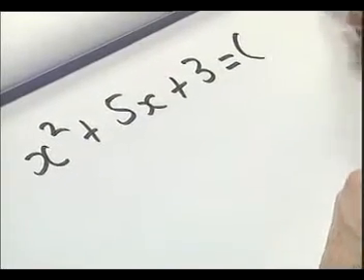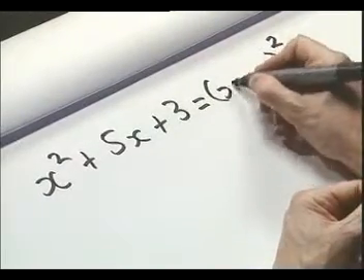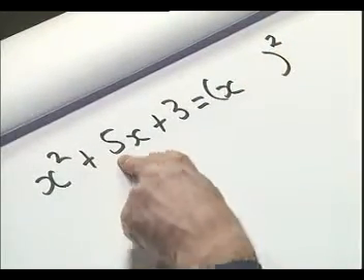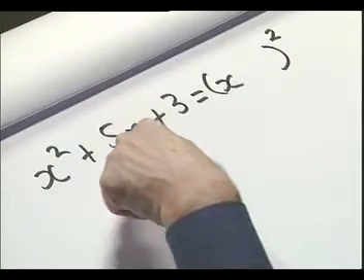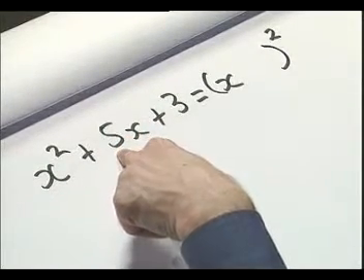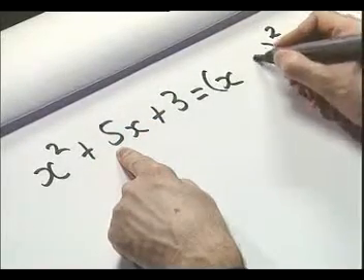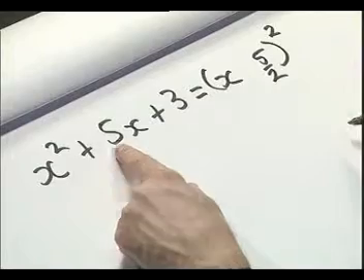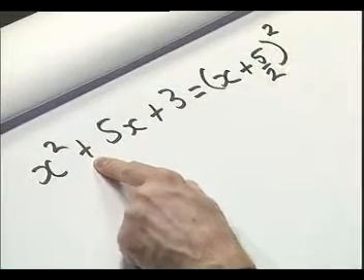We need a complete square. So we need x, and we look at the coefficient of the x term on this left-hand side. We want half that coefficient. So we want 5 over 2, and we've got a plus sign, so it's got to be x plus 5 over 2.